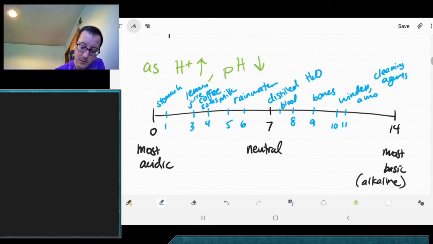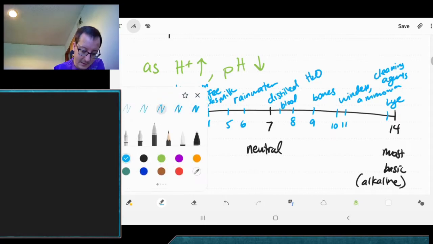Ammonia, they're all up there in the higher pH range. And then you get to like lye, which is sodium hydroxide up there. Bleach is also going to be fairly basic. So just some rough examples of things that we deal with every day, so you can see that there's a whole range of solutions that we're going to come into.